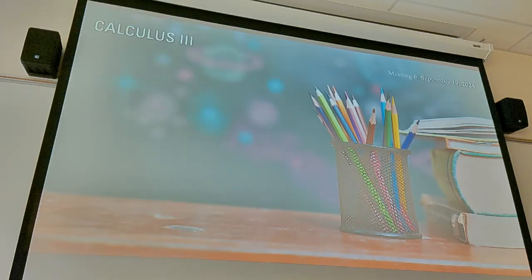We did cylindrical and spherical coordinates last time, right? Yes. Good. We've been studying vectors so far. But what do you notice about all the vectors we've studied? Three-dimensional, sure, only three-dimensional.